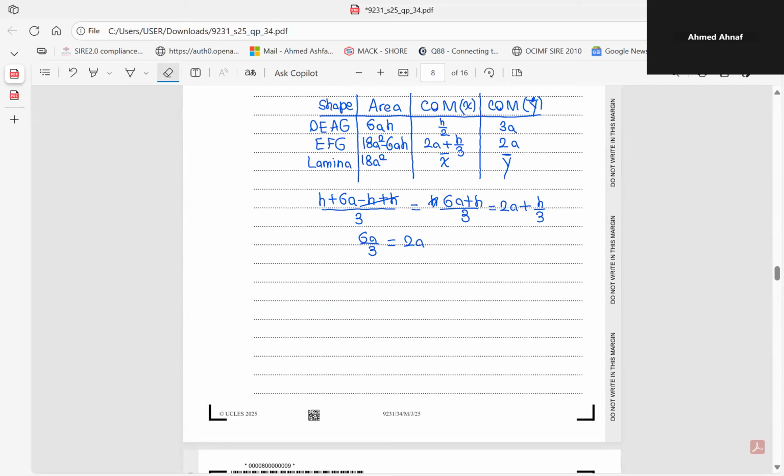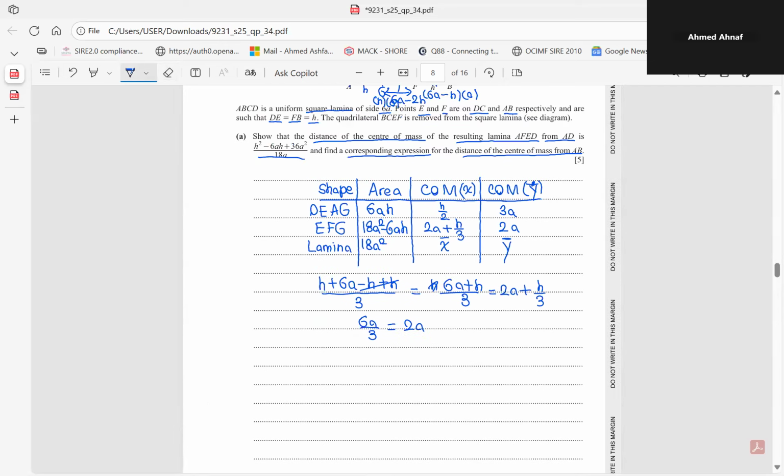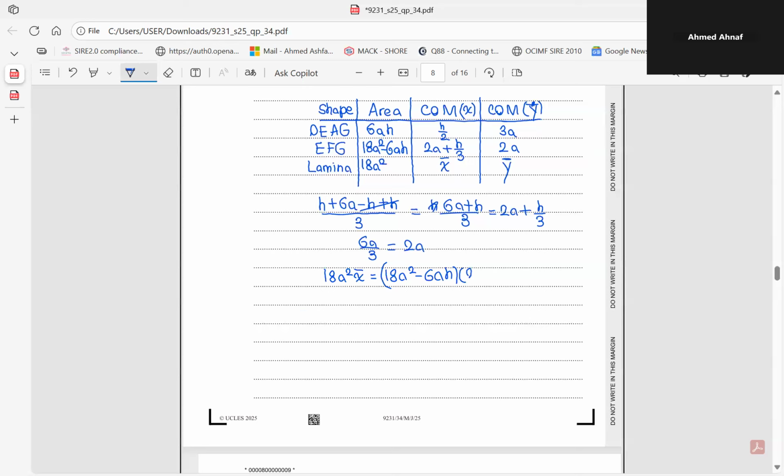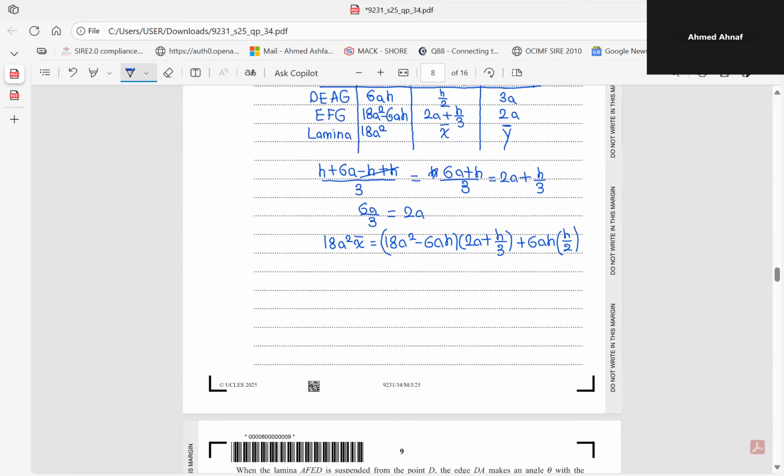Okay, here we go. I'm just going to take 18a squared x bar, that equals 18a squared minus 6ah times 2a plus h over 3 plus 6ah times h over 2.